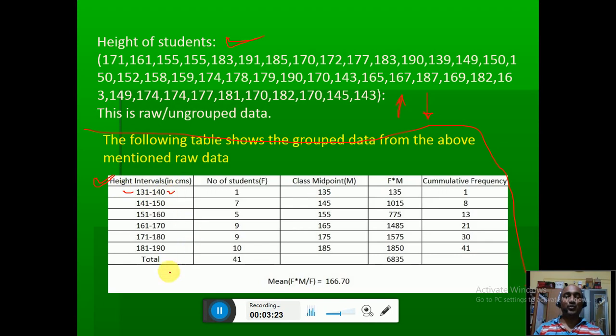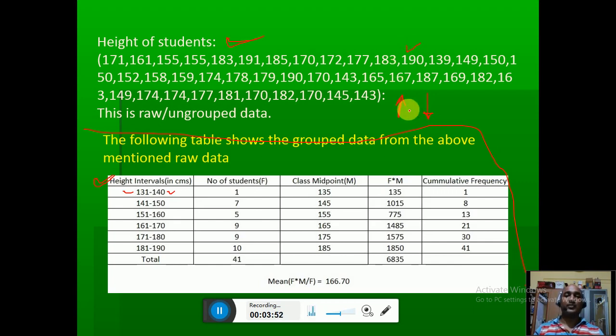To do this, first of all we have to identify which number is the minimum or least number in this data. We found that 131 is the least number, and the maximum number is 190.